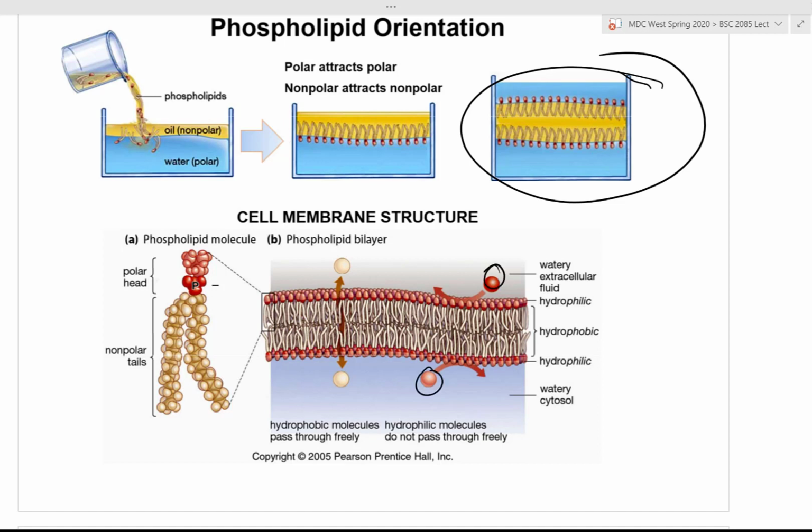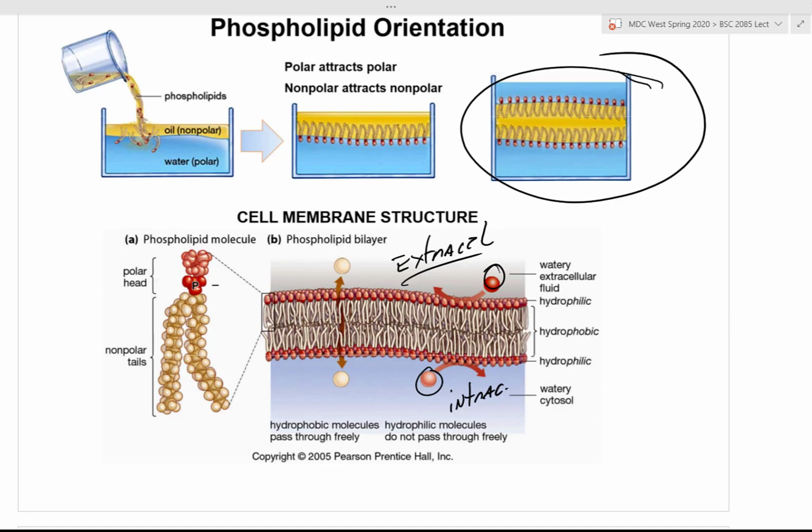That means the membrane will not allow the extracellular fluid to enter directly into the what? Intracellular fluid. That means if you eat something, or if you have too much water, you're not going to get all those toxins or things into the cell directly.